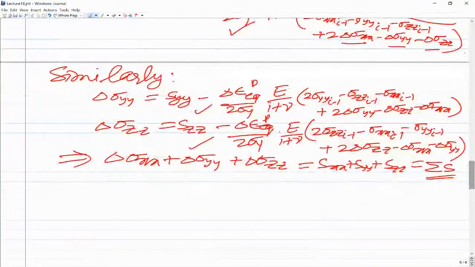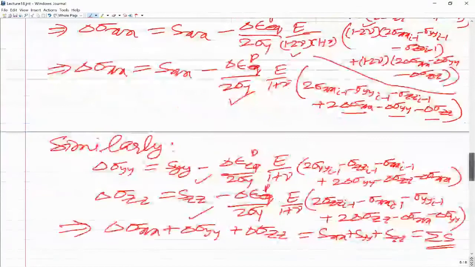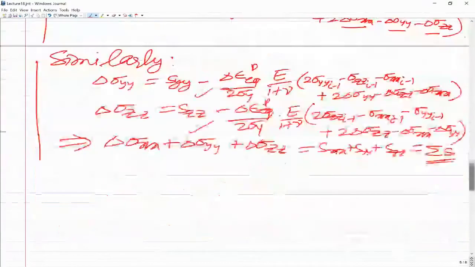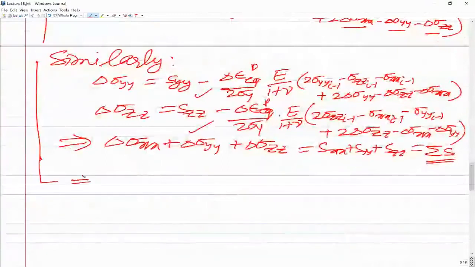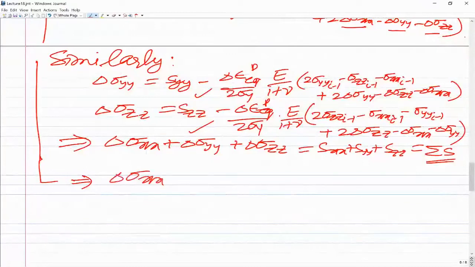So now if you take this equation, from it you will be able to get the final expression for delta sigma xx. Making use of this relationship, you can write delta sigma xx is equal to sxx minus delta epsilon equivalent p upon sigma y, and E upon 2 into 1 plus nu, I am writing G, the shear modulus.